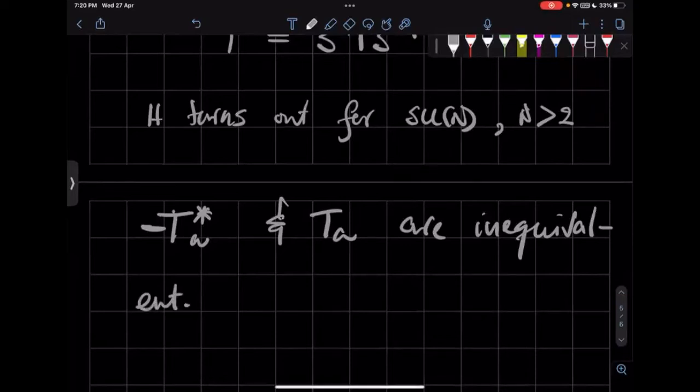So SU2 is not large enough for this to be true. There is no wiggle room in SU2, but starting from SU3, they are not equivalent.